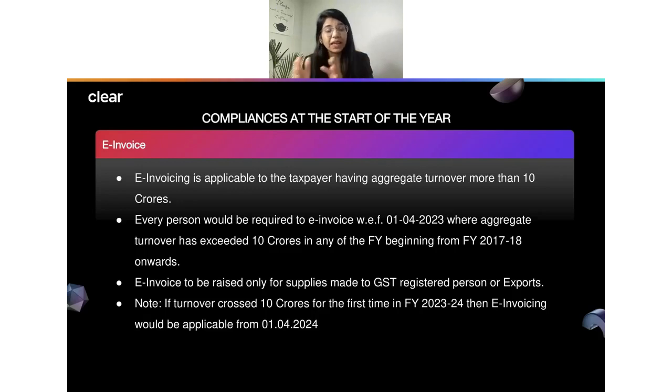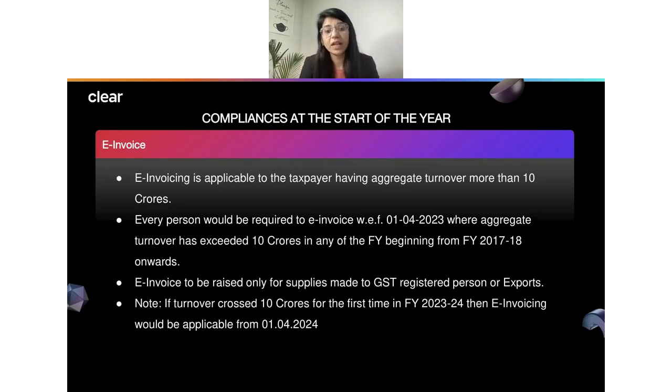If in any of the financial years it exceeded the 10 crore limit, then e-invoicing is applicable to you, otherwise it is not applicable. But you have to check in any of the years. Let's say in 18-19 it did not exceed, 19-20 it exceeded, 20-21 it did not exceed. In that case, again, e-invoicing is applicable because in one particular financial year the threshold limit was exceeded.